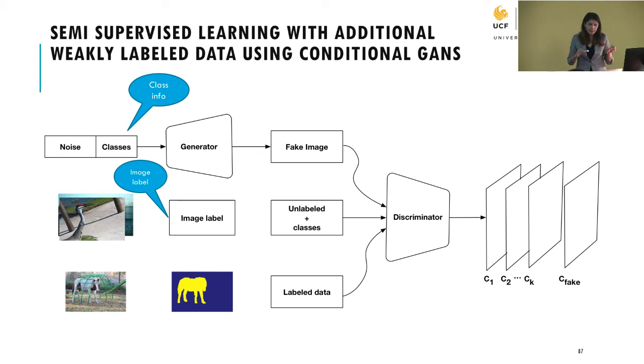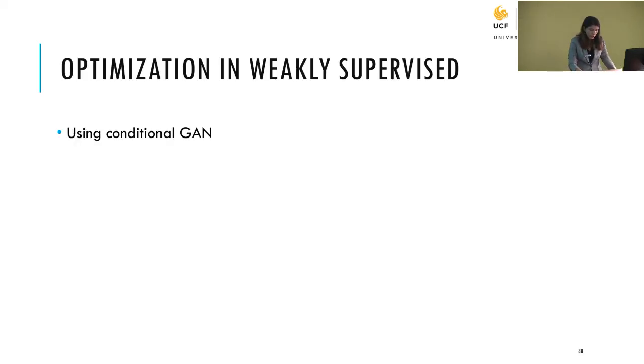Okay, so we extend this idea of semi-supervised learning to weakly labeled data. Now we have the class information of the image, not the location of the classes. So we use a conditional GAN to condition the generation on those classes. Also, we use the image label in the unlabeled data.